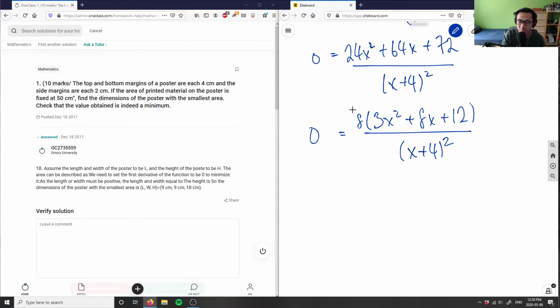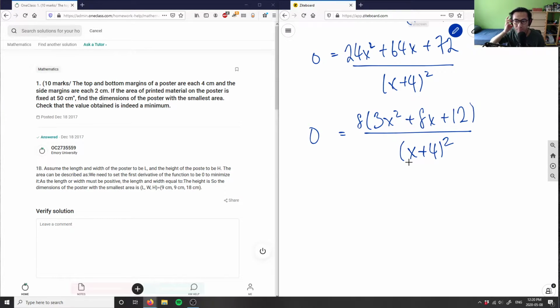I can set this top part to 0 to see if I can solve for something. But I don't think it's actually factorable. 3, 5, and 8 will give me a complex number here. So if I get a complex number, I would simply set x plus 4 to 0 to solve.